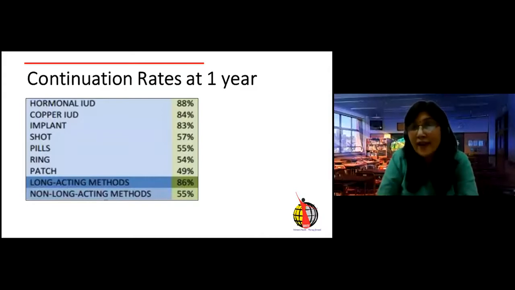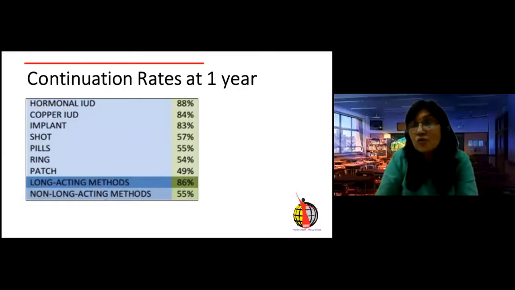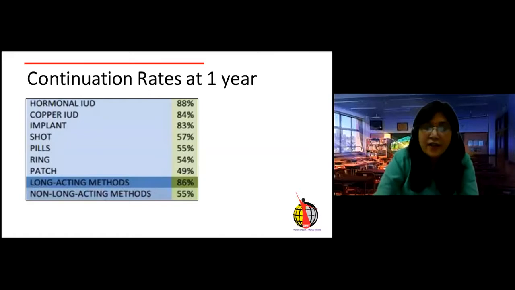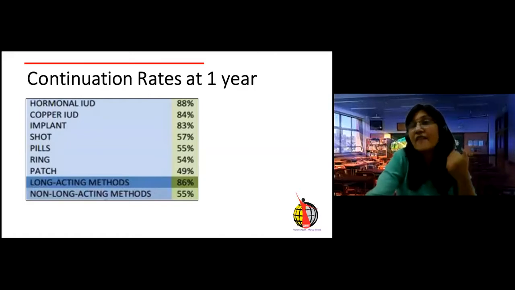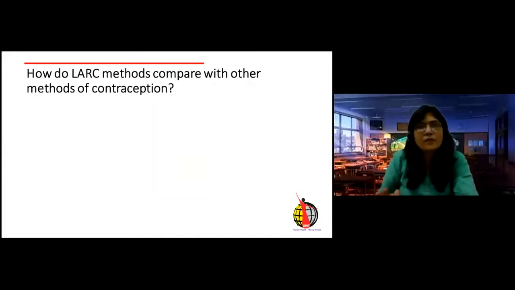You compare the both, it is 86% versus 55%, which is considered a very good continuation rate in the next year. So LARCs are considered to be very effective, with a good continuation rate, and that is why they have been preferred. And of course, they are women-centered. Women are having the choice. They don't have to be dependent on the men for contraception.